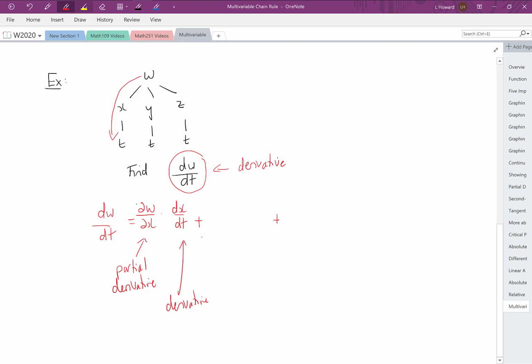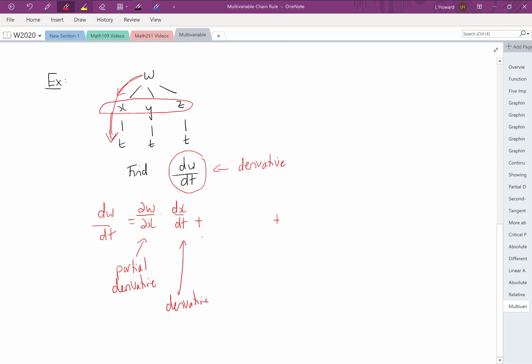So the reason that we use a partial derivative for w is that when we think about traveling along this part of the path, at this level, w depends on multiple variables. So we need to say partial derivative of w with respect to x because w depends on several variables. However, when we do this part of the path, x depends on only the variable t, so that makes it a regular derivative.